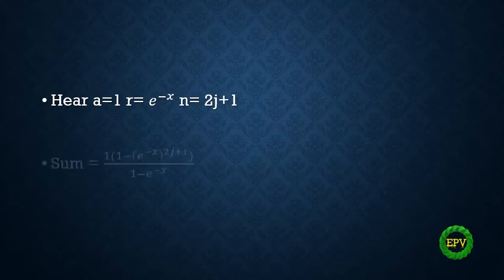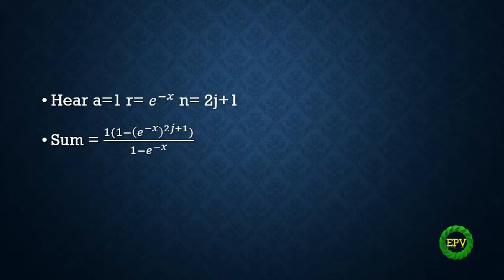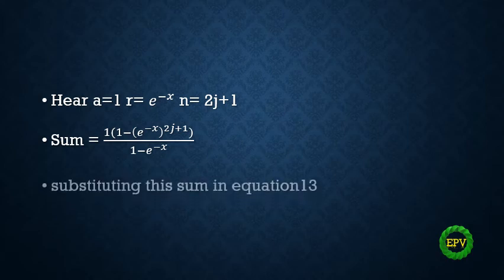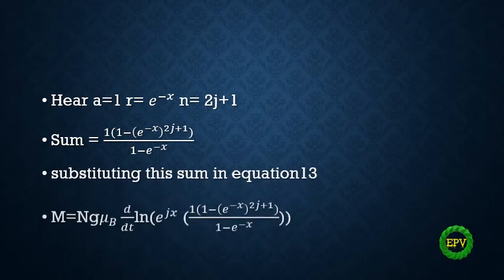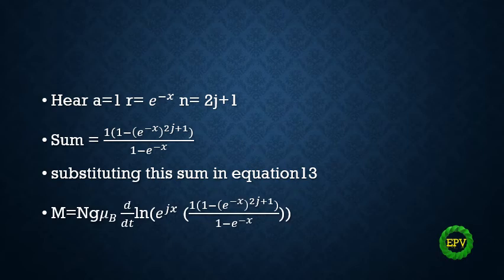Substituting these parameters in the summation equation, we get 1 into 1 minus e raised to minus x into 2j plus 1 divided by 1 minus e raised to minus x. Substituting the sum in equation 13, we obtain M equal to n g mu B d by dT of log e raised to jx into 1 minus e raised to minus x into 2j plus 1 divided by 1 minus e raised to minus x.